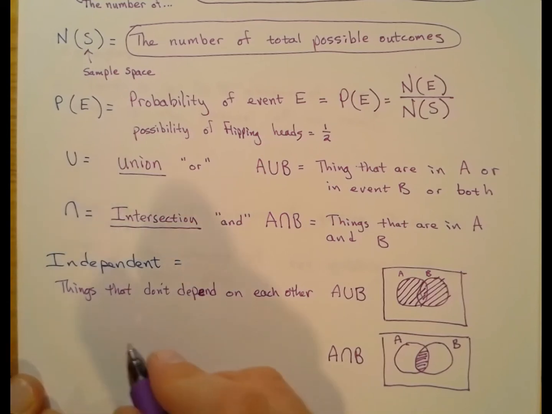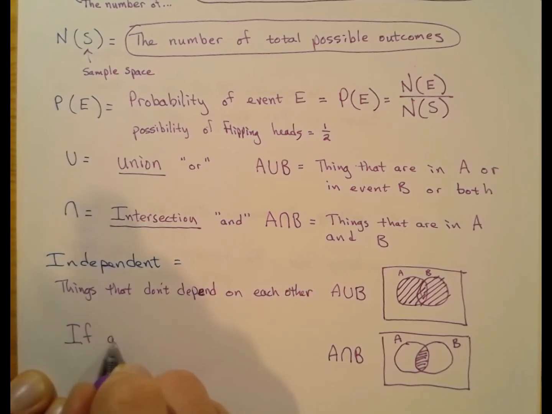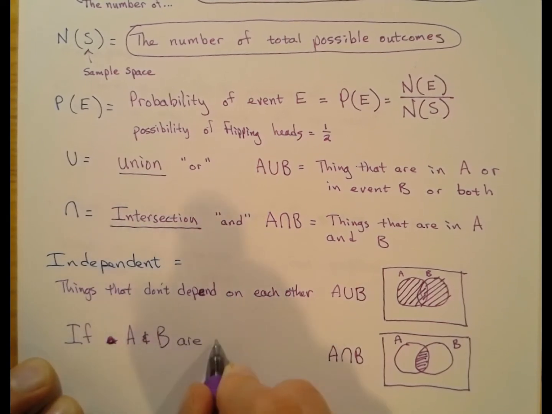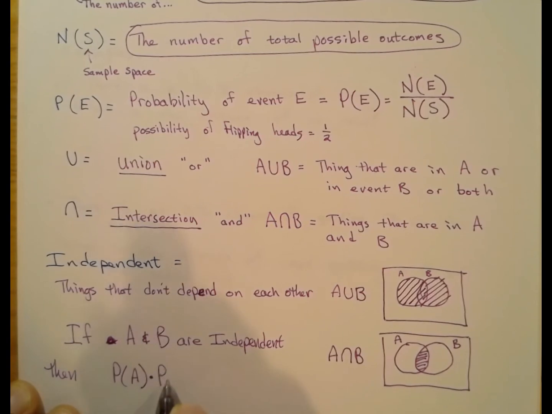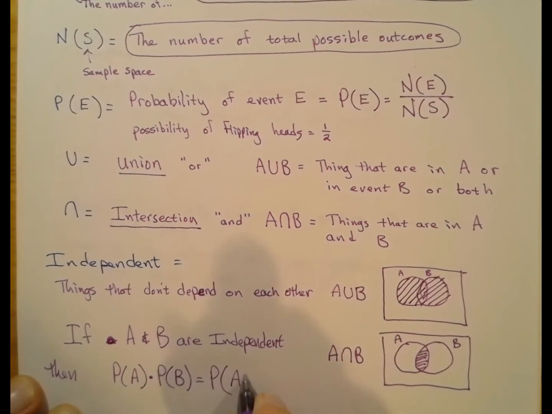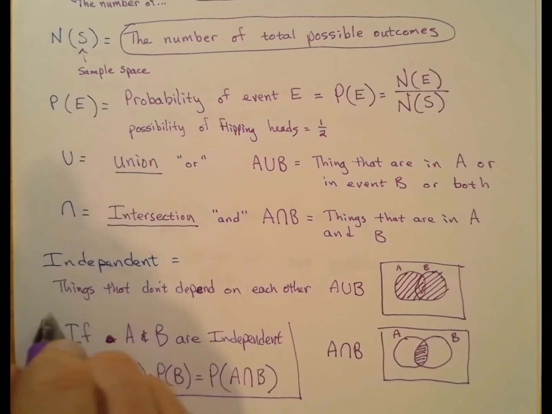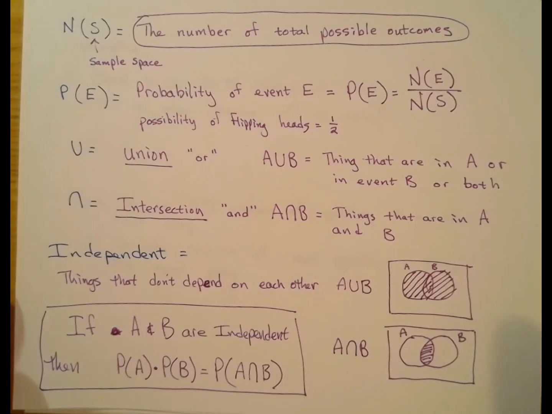And we have a math equation for that. If A and B are independent, then the probability of A times the probability of B will equal the probability of A intersect B. So only if they are independent.